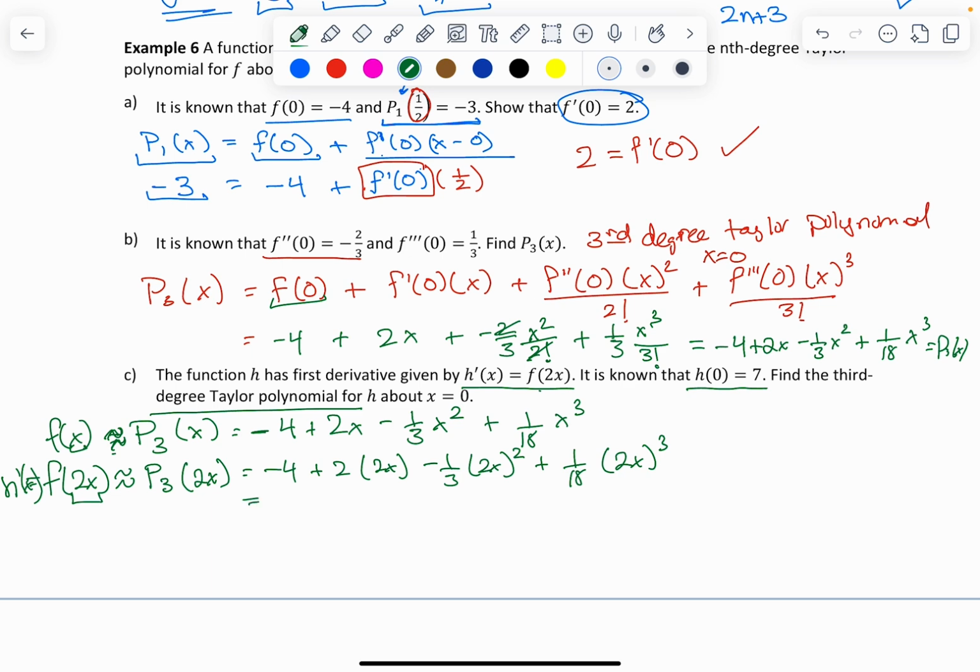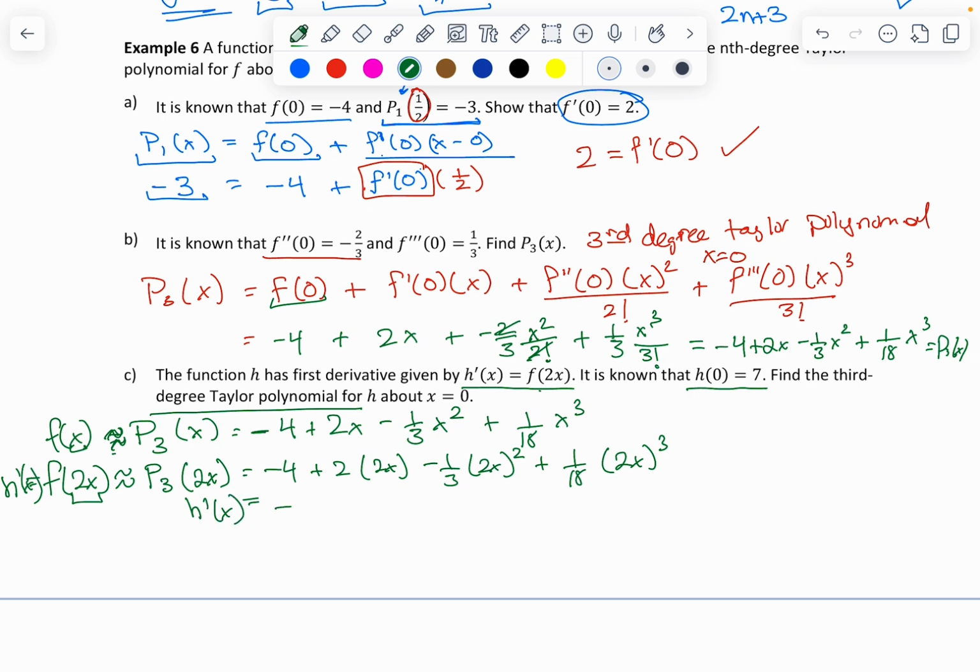Now when we clean this up, what do we have? We've got h prime of x, right?